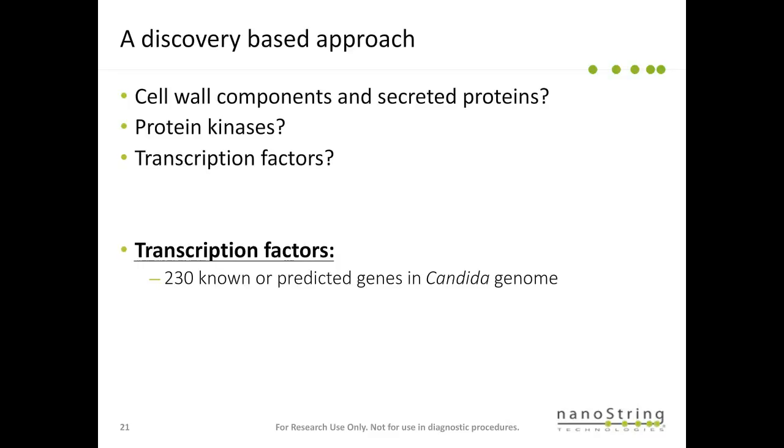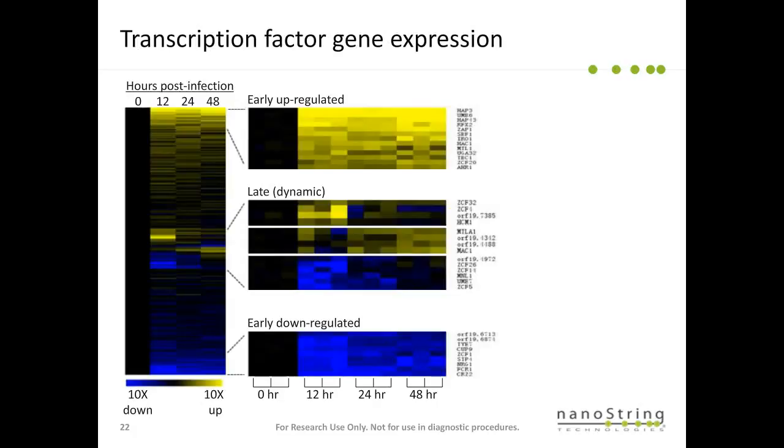There are 230 known or predicted genes in the Candida genome that specify a transcription factor. We made a probe for each one of those, and we applied this probe set to the same RNA prep that we just described. So it turned out that we have some observations similar to what we had with our first code set, the environmental response code set.